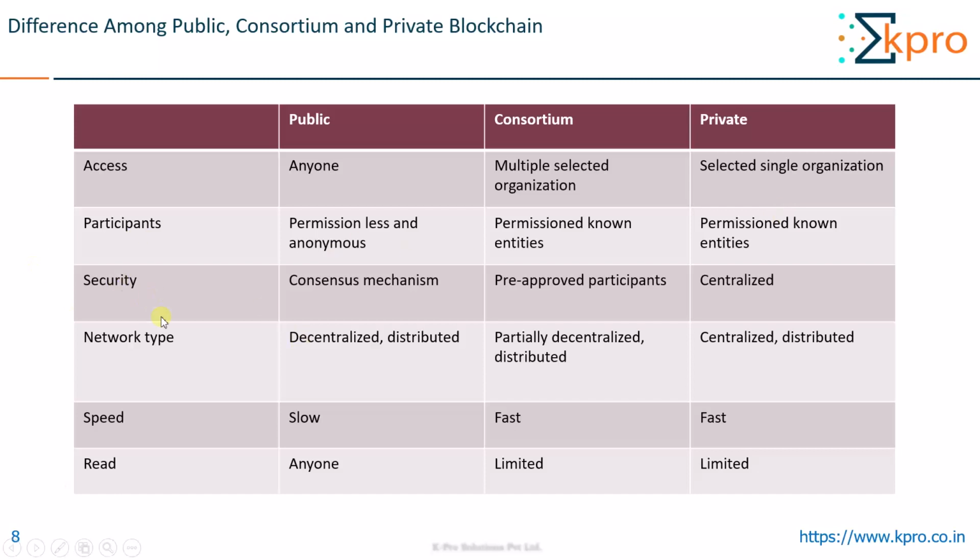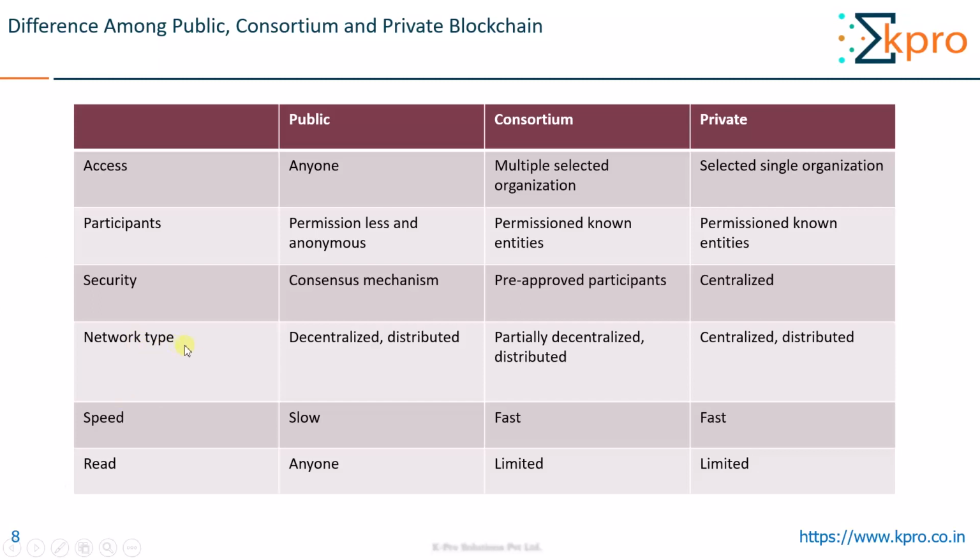So based on the security, in the public blockchain, a consensus mechanism is applied, where all the nodes take part in the consensus mechanism. In case of consortium blockchain, only the pre-approved participants take part. And in case of private blockchain, only that pre-approved centralized node can take part in the consensus.